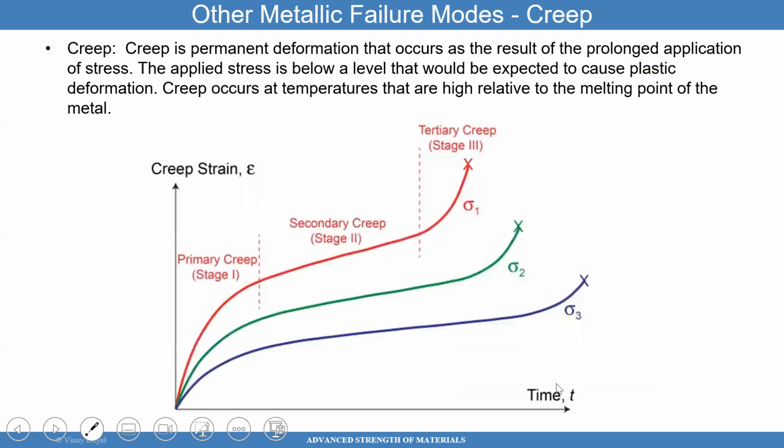Which is different. Creep is another failure mode, where permanent deformation occurs as a result of prolonged application of stress. I was a participant of the radio telescope investigation in Puerto Rico. I grew up in Puerto Rico, by the way. The radio telescope in Arecibo collapsed, and I worked the investigation with NASA. You can find the report in Google.